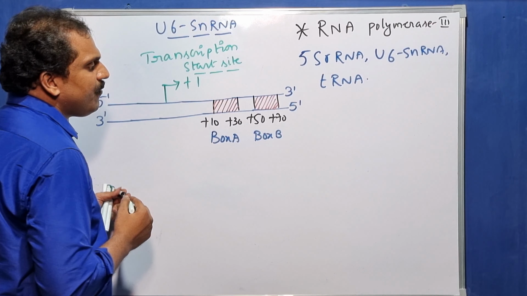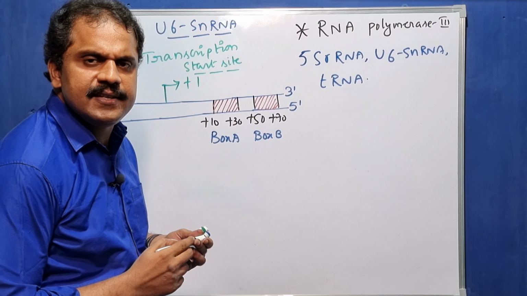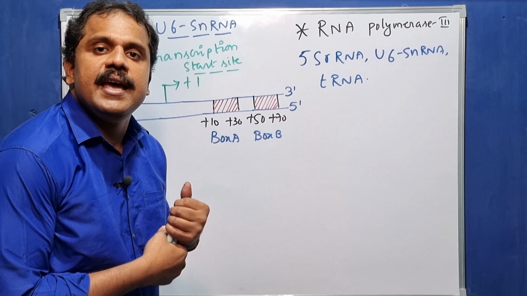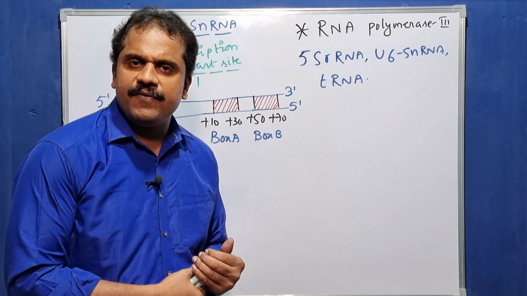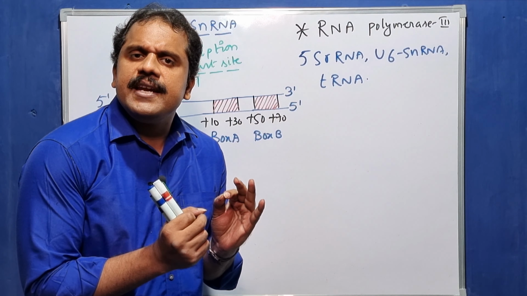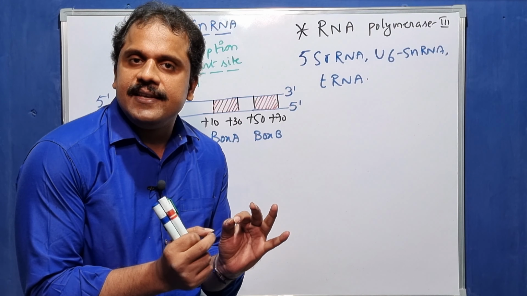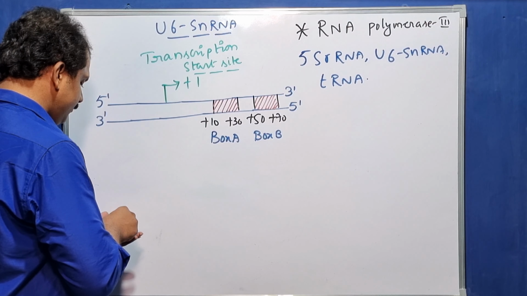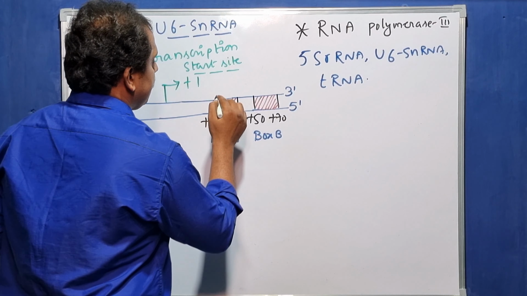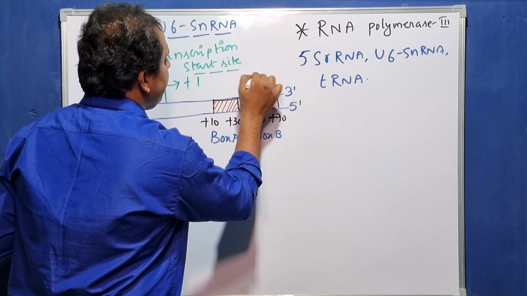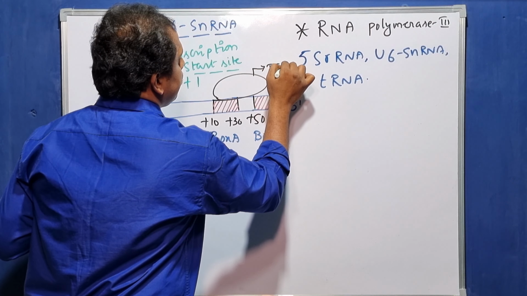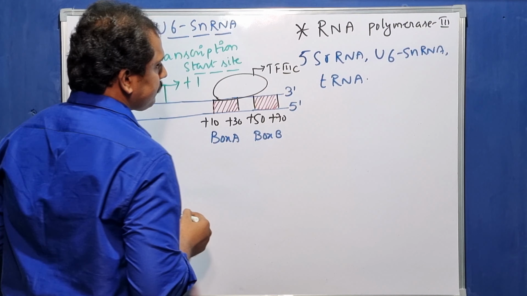So at the very beginning of tRNA synthesis, the transcription process takes advantage of a specific factor, and that factor is TFIIIC. So let me write it here. TFIIIC.